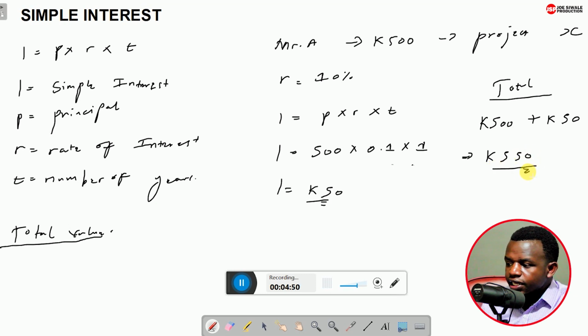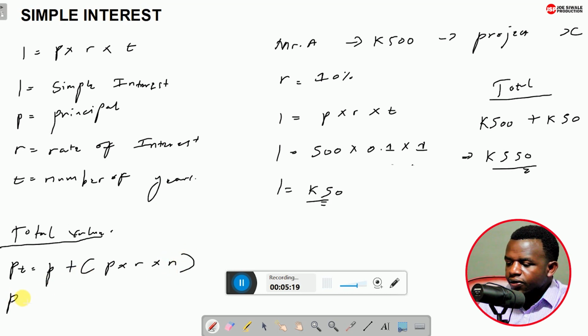To put this in the formula, we need to know that the total value of the investment, which is represented by PT, is equal to the principal plus the simple interest. And our simple interest is the principal multiplied by the rate of interest multiplied by the number of years. This is the formula that we use.